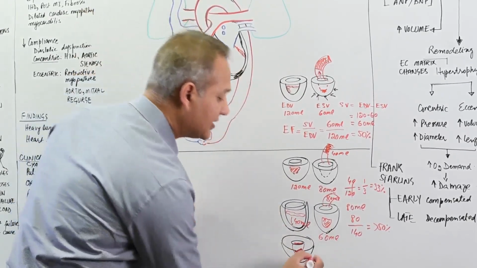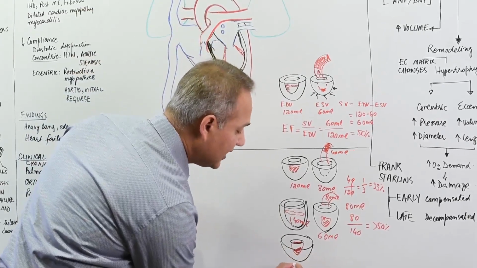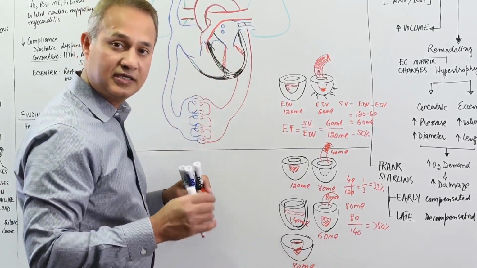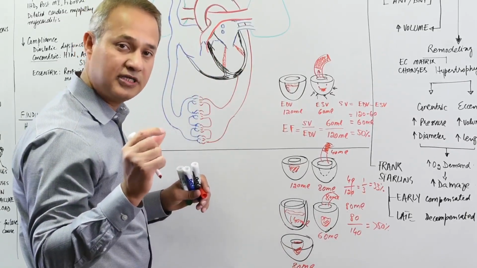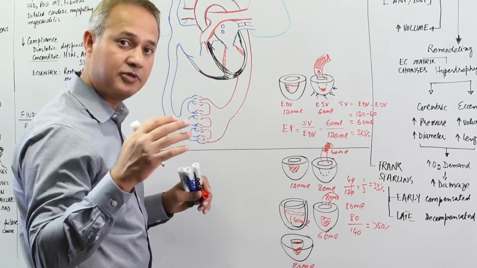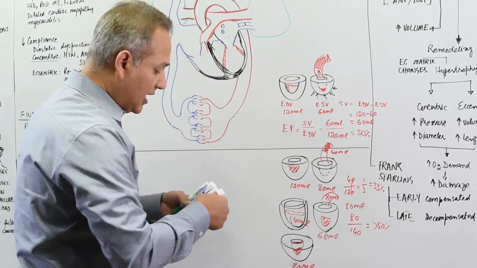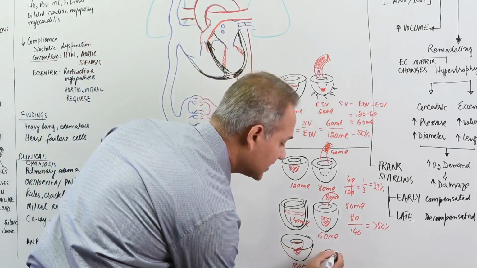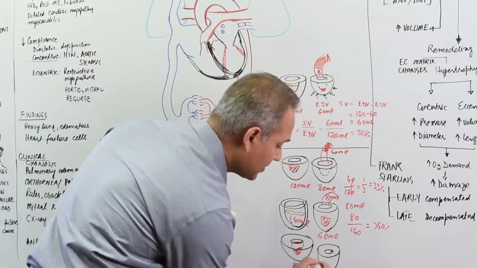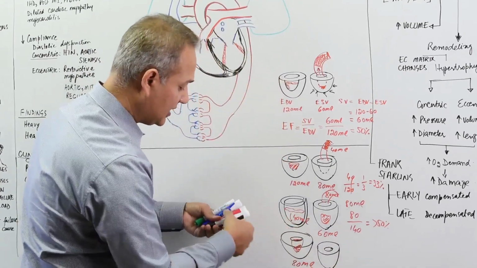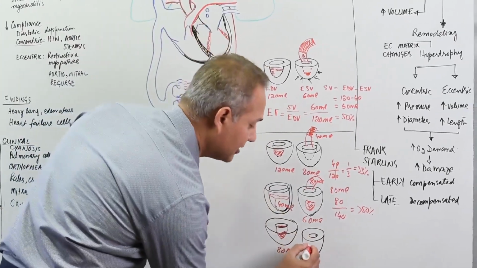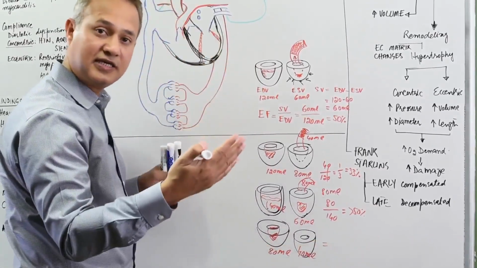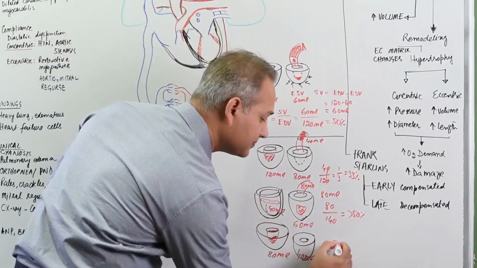So let's say it can only contain 80 ml because the cavity size is small, because the ventricle has become hypertrophied. Now when it contracts, let's say it ejects, it is left with, the end systolic volume is 40 ml. How much is ejected? 50%.